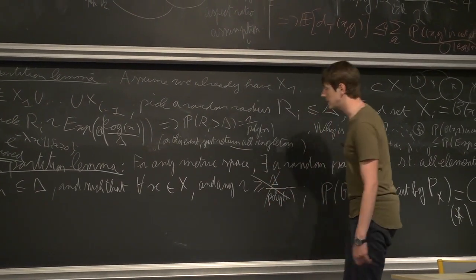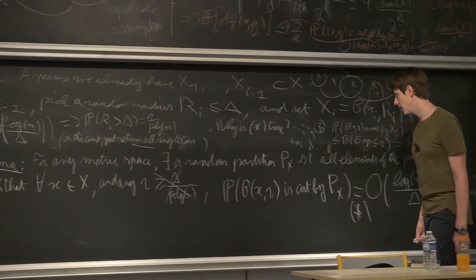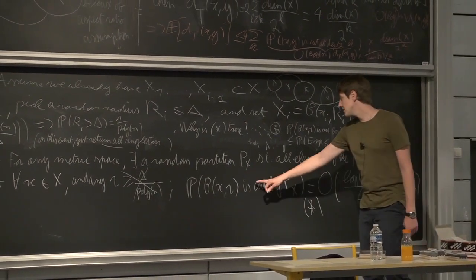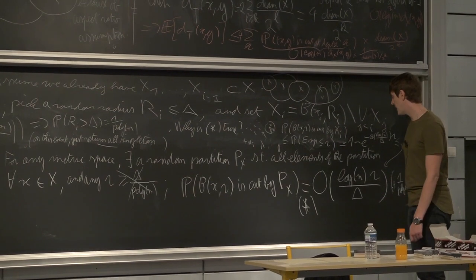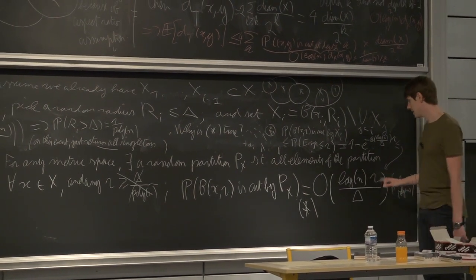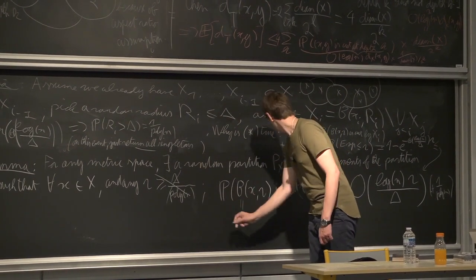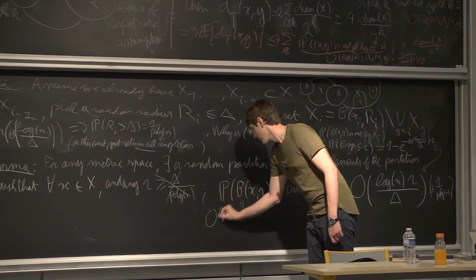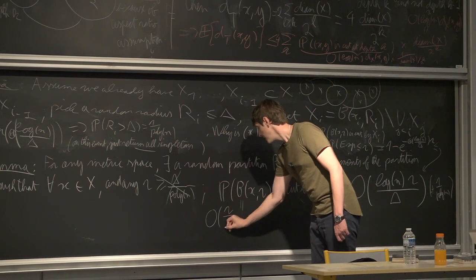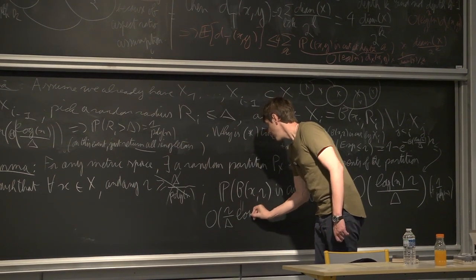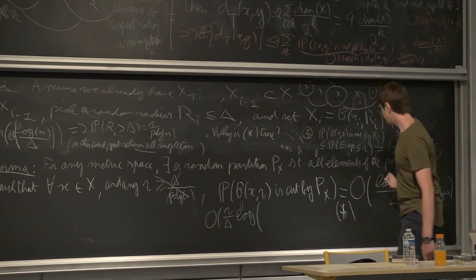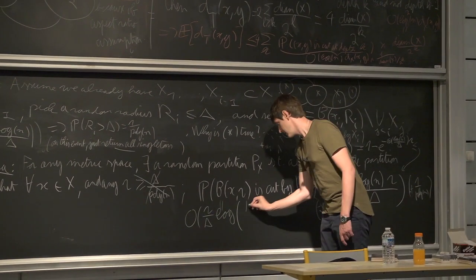So now you don't need the scale constraint. The probability that B(x, r) is cut by P_x, now instead of being log n times r over delta, is going to be of order r over delta times log of, and instead of log n, we get this thing.